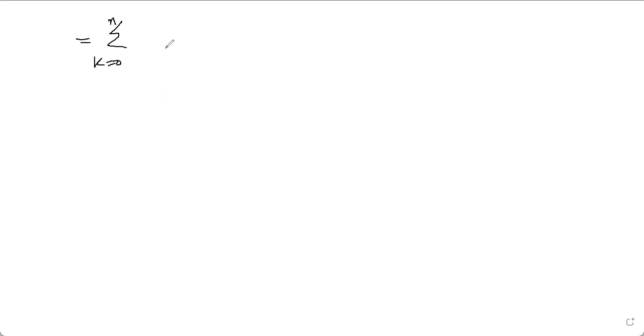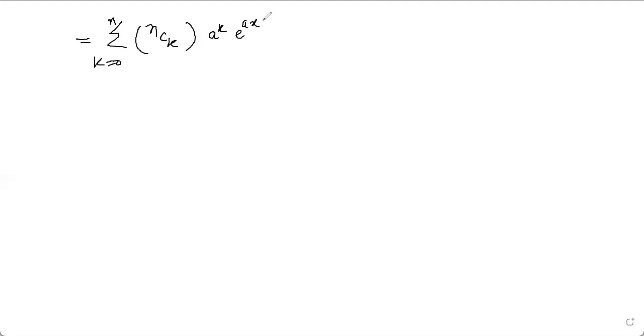0 to n, so nCk. Now u_(n−k) or u_k will be a^k e^(ax), right?